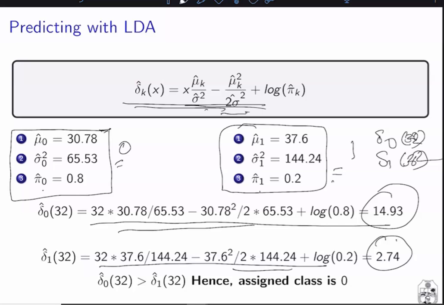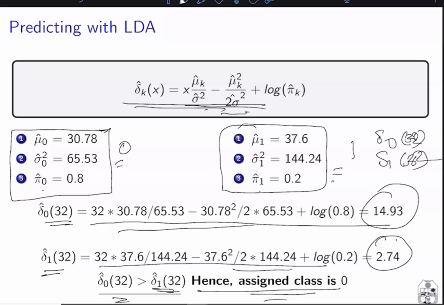The logic we use for assigning the class label, either 0 or 1, is that the class whose density function has the greatest value is assigned. Here delta 0 of 32 is greater than delta 1 of 32, and that's why class 0 is assigned.